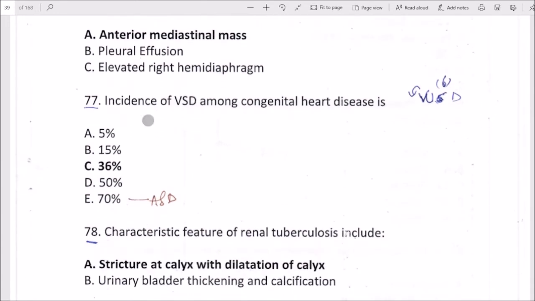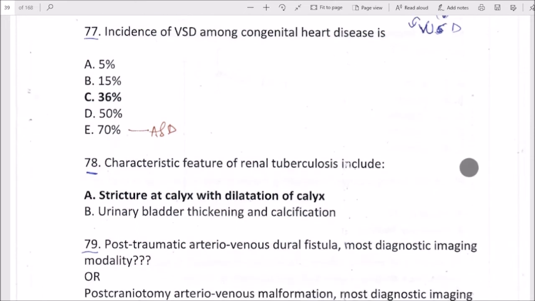77. Incidence of VSD among congenital heart disease is 36%. VSD is 36%, ASD is 10%. Remember like this. 78.